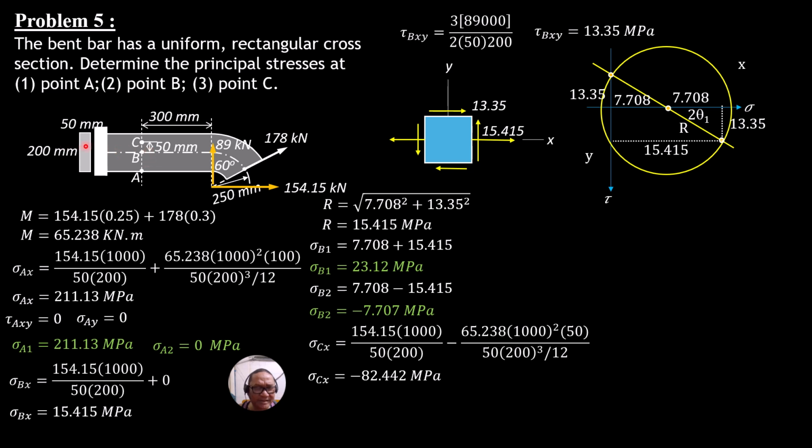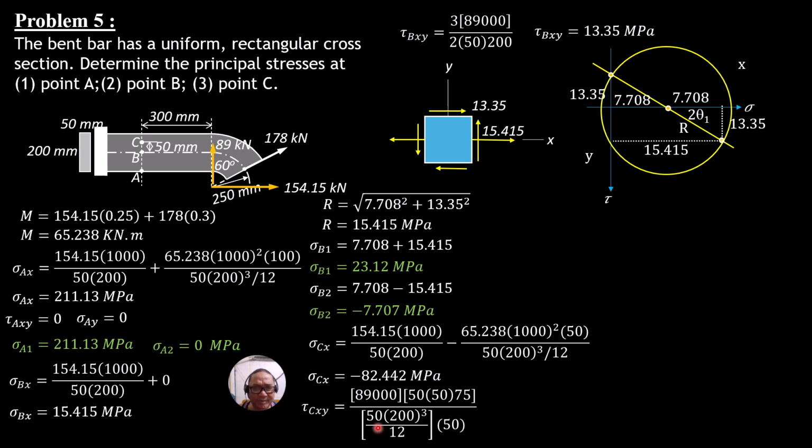So if we imagine a point here, a line through C, the area to be considered is 50 by 50, and the distance of the centroid of that area from the neutral axis is 50 plus 25, 75. So tau Cxy is 89,050 times 50 times 75 over IB.